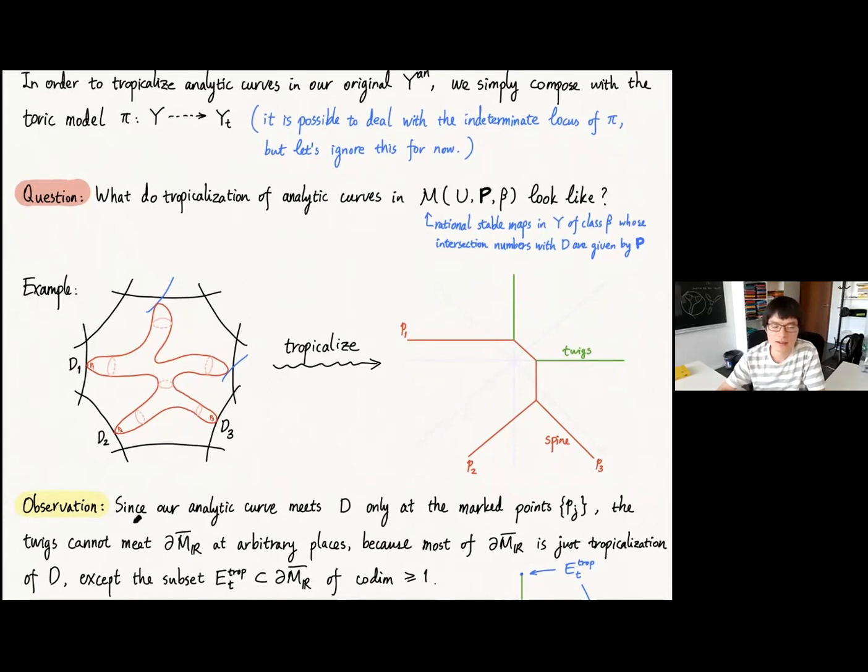Observation: since our analytic curve meets D only at the marked points Pj, the twigs cannot meet the boundary of MR at arbitrary points, because most of the boundary of MR is just a tropicalization of D, except the subset ET trop inside the boundary of MR, which is of codimension greater or equal to 1.